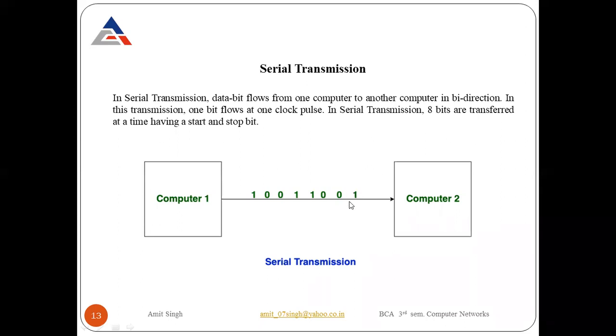The first bit that is sent is 1, followed by 0, again 0, then 1, then 1, then 0, then 0, then 1. So the data is transmitted from sender to receiver in the form of serialization, one after the other. This is called the serial transmission.